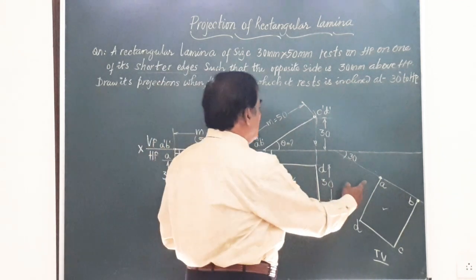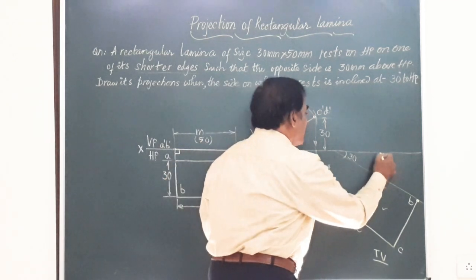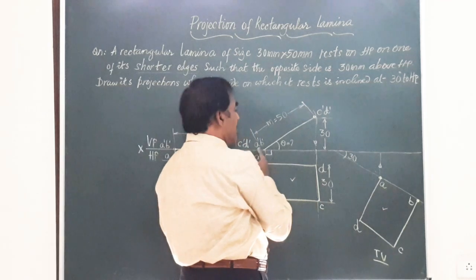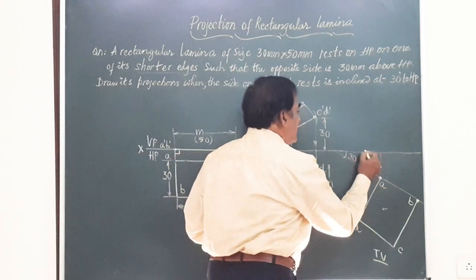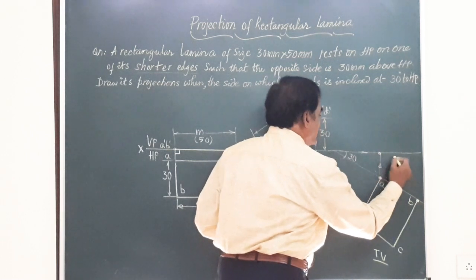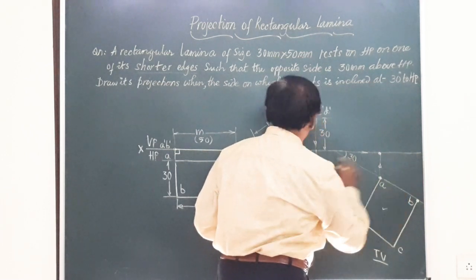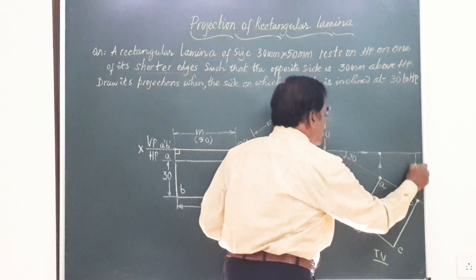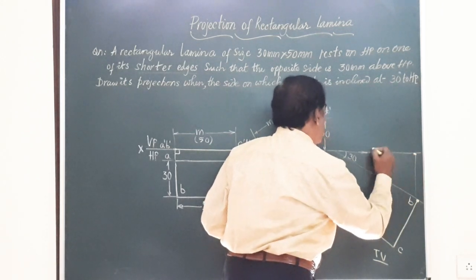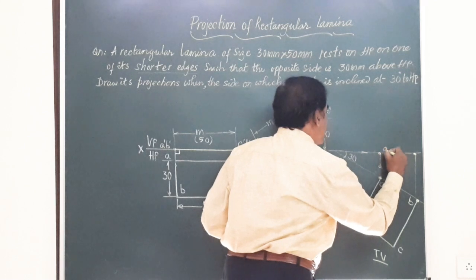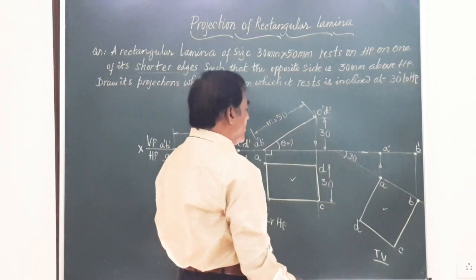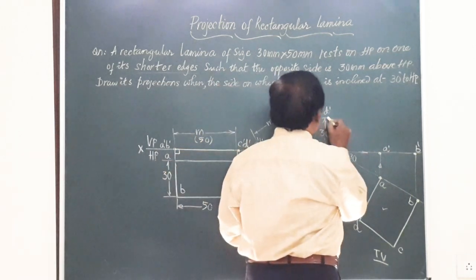Friends, you have got A here. Draw a vertical line from A, vertical line from here, a horizontal line from the front view. They meet at this point. So this will give you A dash. And similarly this point, vertical from this, horizontal from here, they meet at this point. So I will call this as A dash and this is B dash. Similarly, the other two corners, we have the locus of this CD.